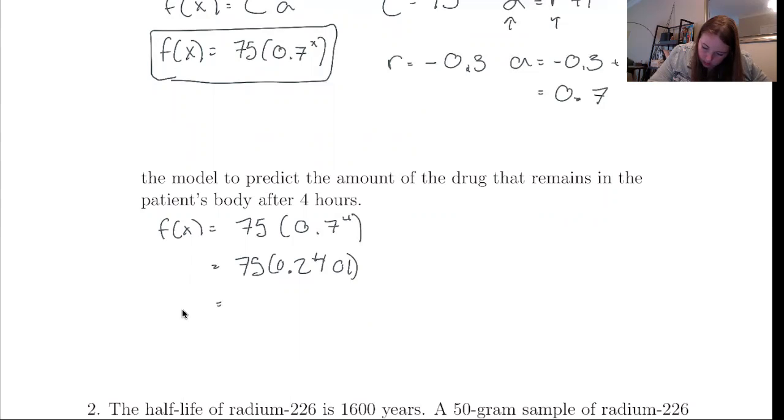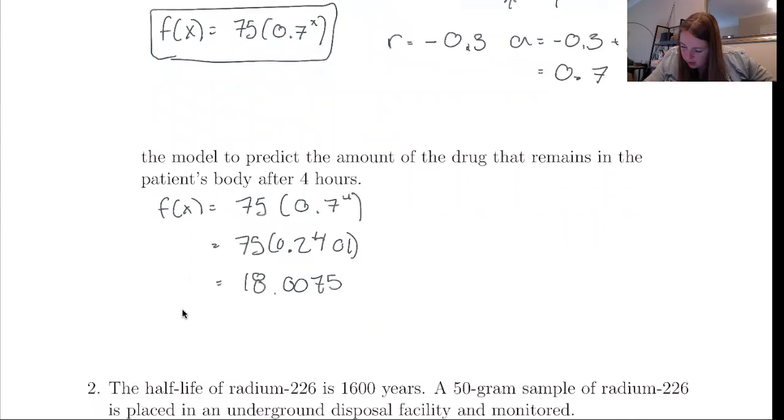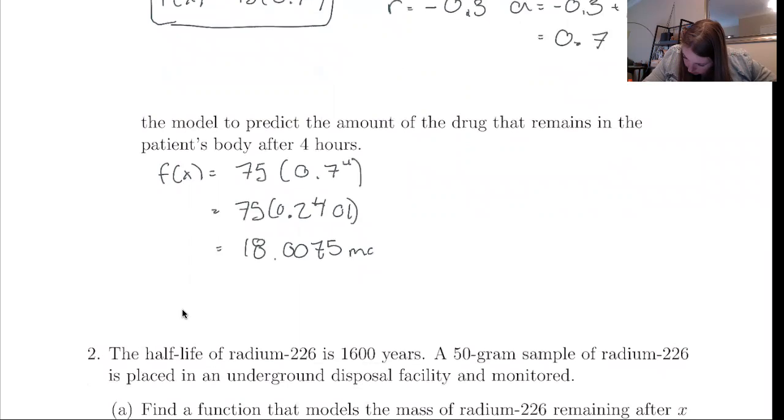Times 75, and we get 18.007. And our initial condition is in milligrams. So after 4 hours, we have 18 milligrams left. Pretty nice, right?